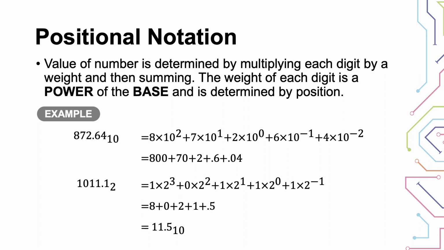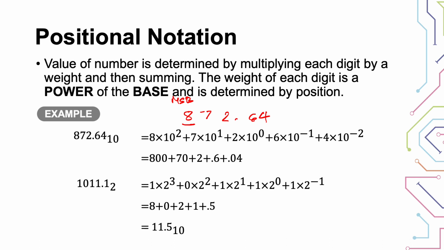For example, for our problem 872.64, the first number from the left is the most significant bit. The most significant bit receives the highest exponent.